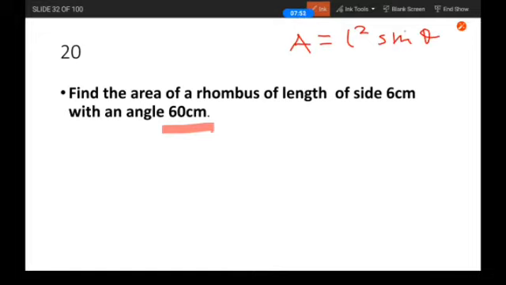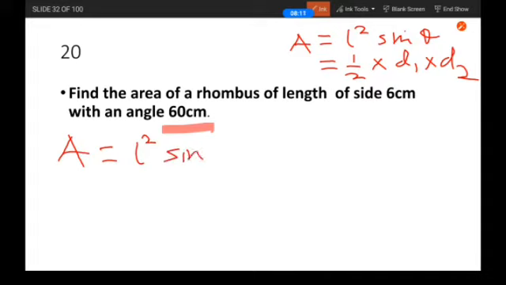And in part 1 and many of our videos, we have always calculated the area of a rhombus when 2 diagonals are given as half times D1 times D2. Right, good. So find the area of a rhombus. That becomes A. So we are going to be using the first equation, right? Very good. So we have this.